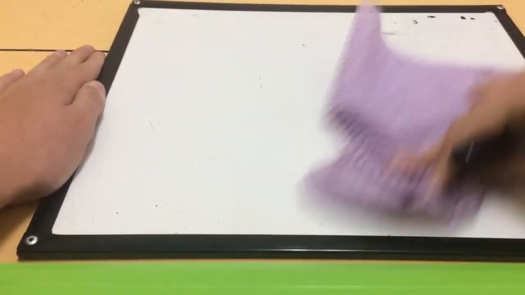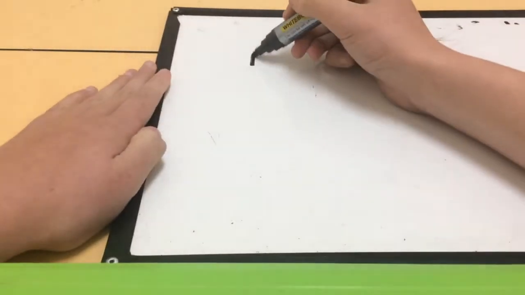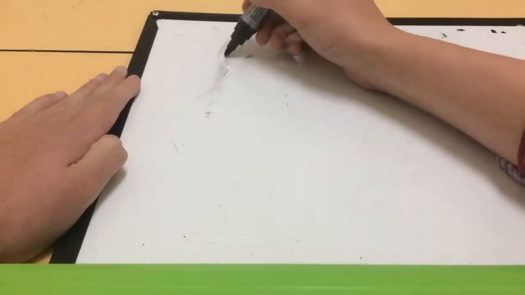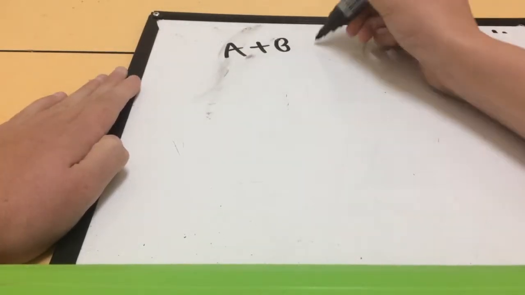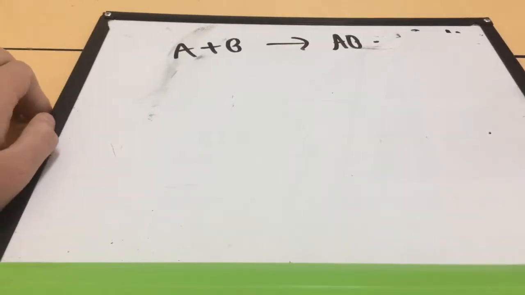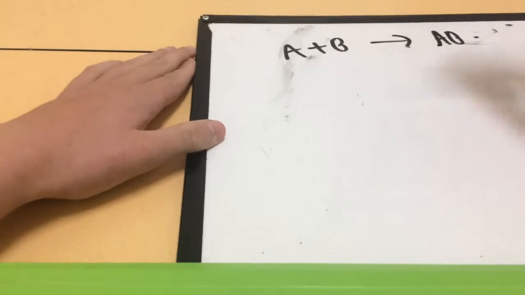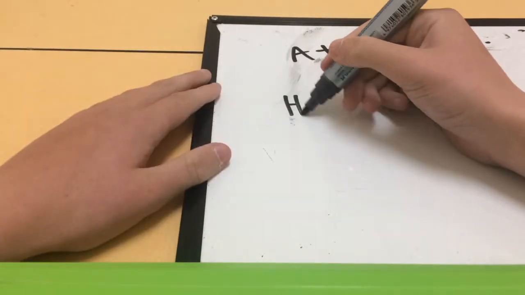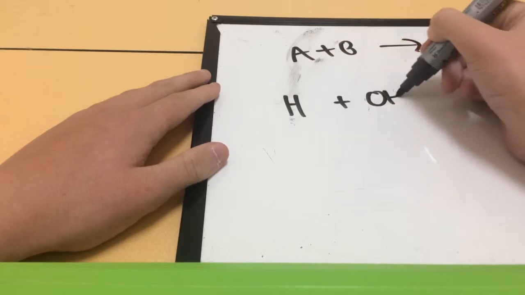Okay, so now let's start with the first one. The first type of chemical reaction was A plus B becomes AB. Let's actually do the one for water. Water is hydrogen and hydroxide.